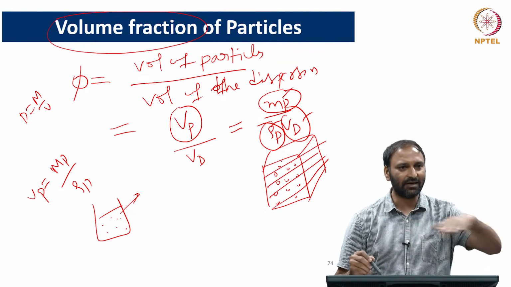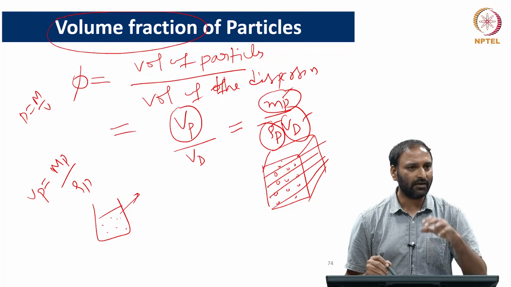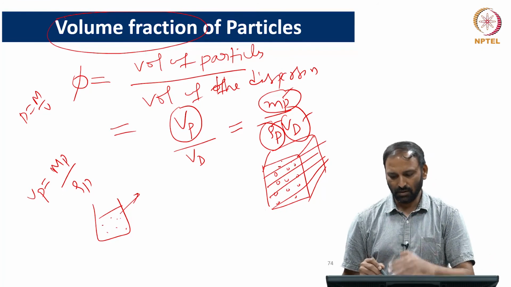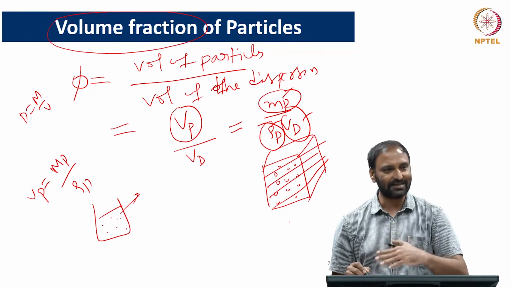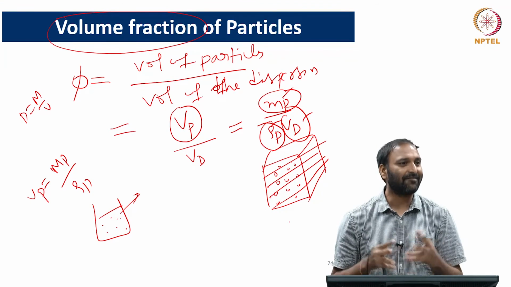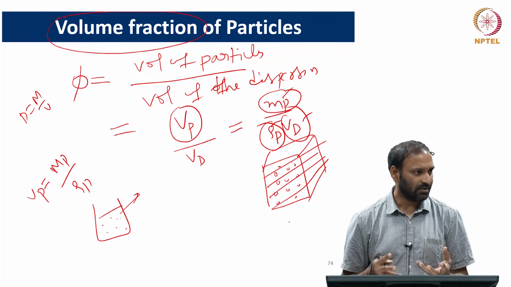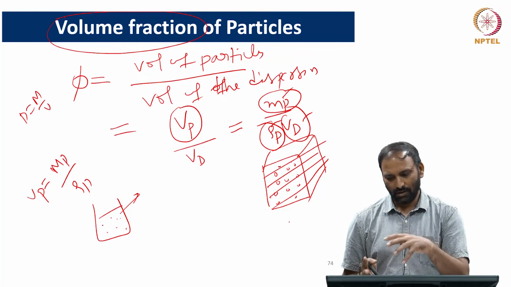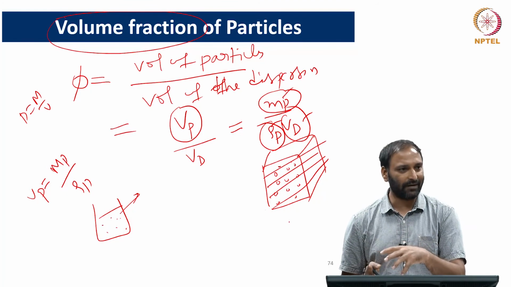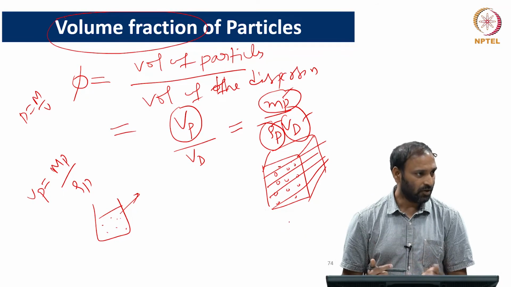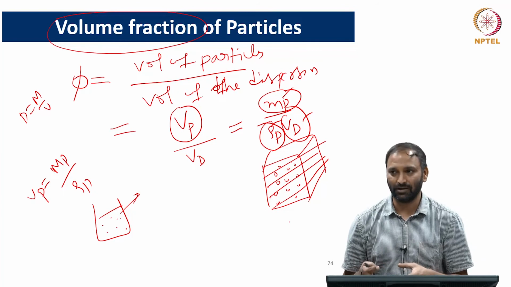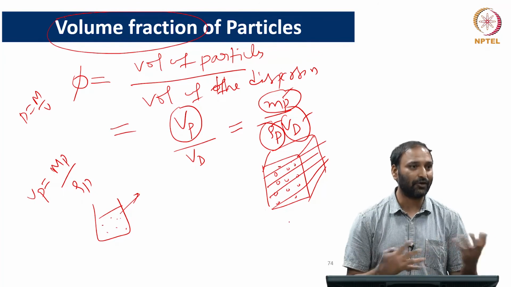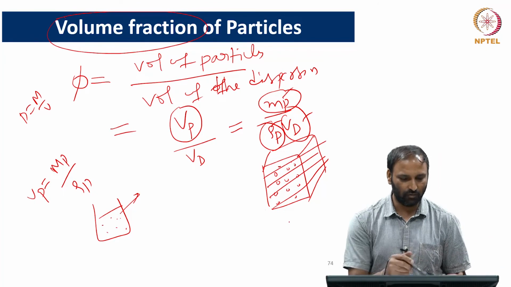That means I take a slice, and for every slice I can get the area fraction that the particle occupies. I can put them together and construct a 3D volume. There are techniques like that where you can do 3D imaging of the entire dispersion, and from that you can calculate the volume fraction.